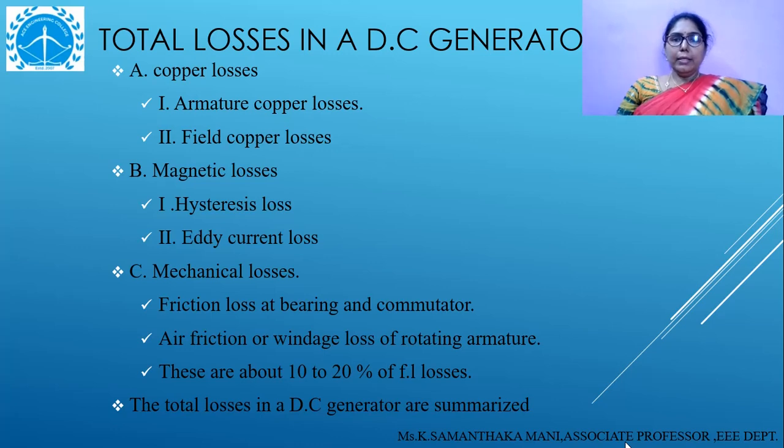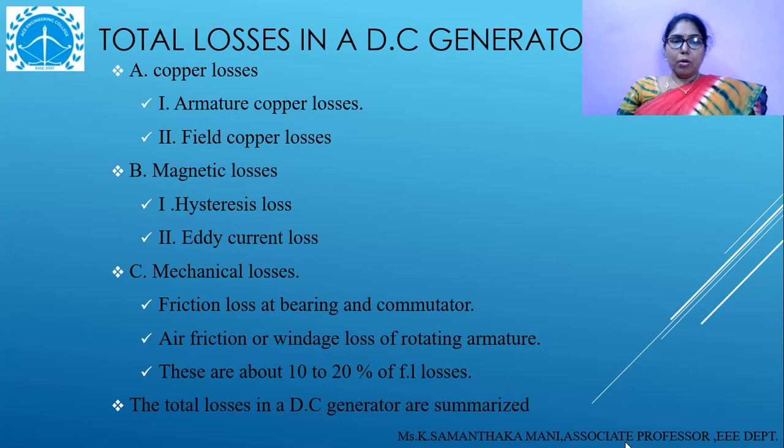Now, in the DC generator, we have two main parts: armature winding and field winding. So there is a possibility of getting copper losses in the armature winding as well as the field winding. So, the copper losses are of two types, armature copper losses and field copper losses.